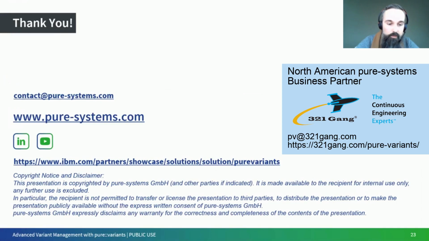What level of reuse is required to get tangible benefits from pure variants? Yeah, here I don't understand the direction of the question. I would rather say pure variants enables you to do reuse. If you want to know, maybe let me interpret the question. Yeah, maybe I got it wrong, then sorry. You can reformulate maybe.